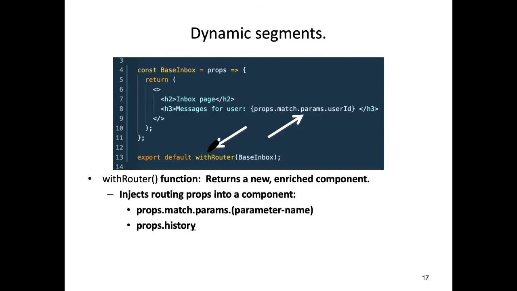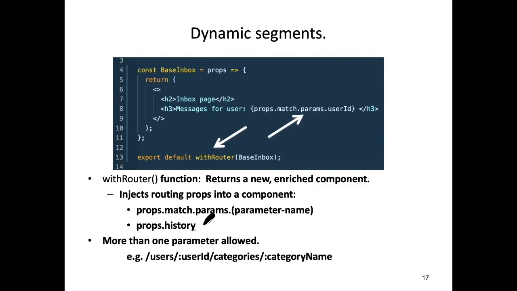In general, it's a technique where you can take one of your components and enrich it with some extra aspects. In this case, the enrichment comes in the form of extra props that are made available to us. For example, the match prop and the history prop are two that are made available by the withRouter function.